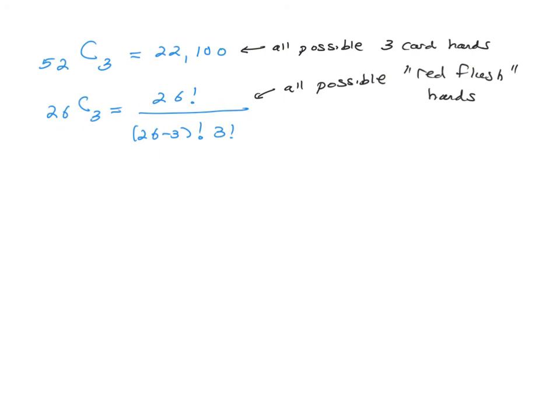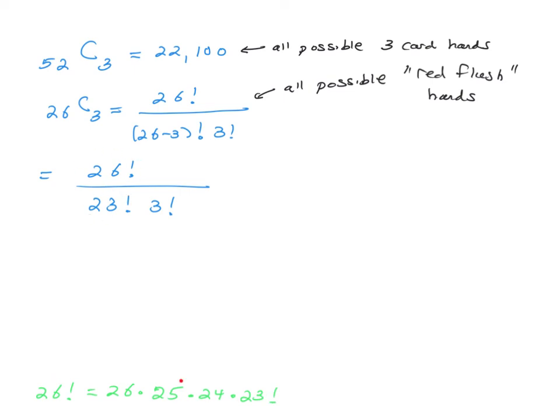To simplify this expression, I'll start with this 26 minus 3. So this is 26 factorial divided by 26 minus 3, which is 23 factorial, and then we have 3 factorial. We've done this trick a few times. I think it's still worth writing out. 26 factorial is equal to 26 times 25 times 24, and then the rest you can write as 23 factorial. It's good to write that in order to cancel this thing.